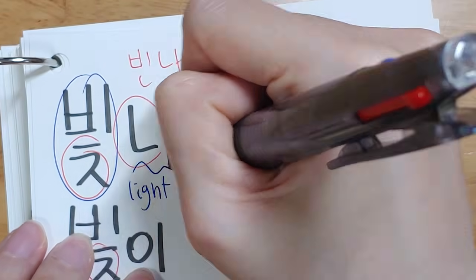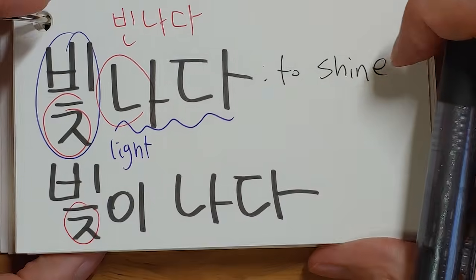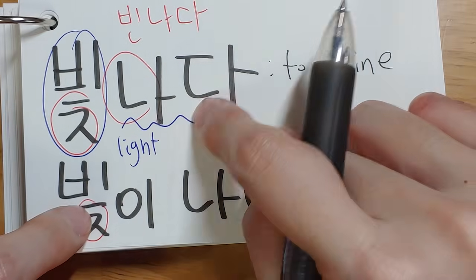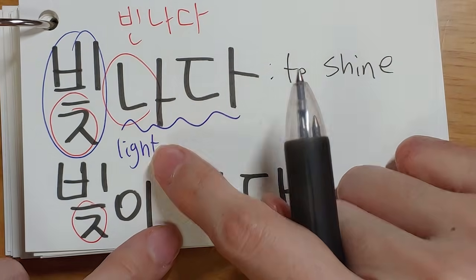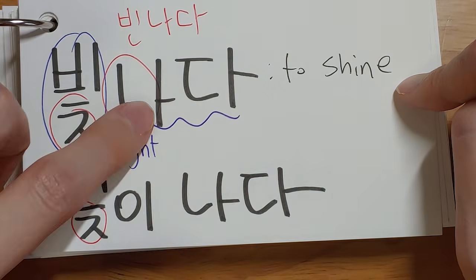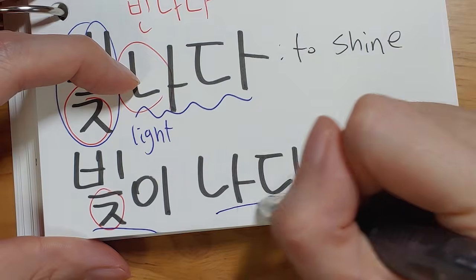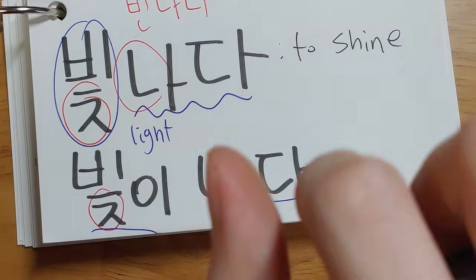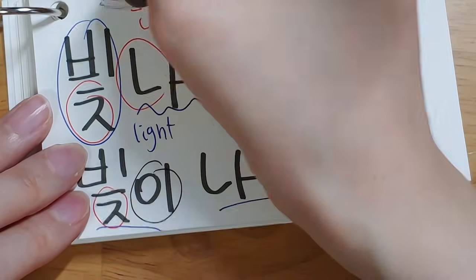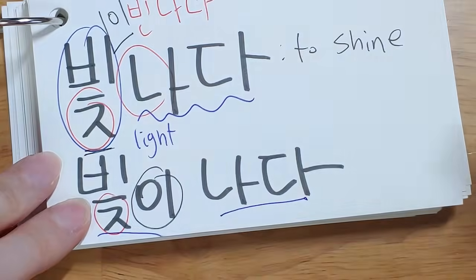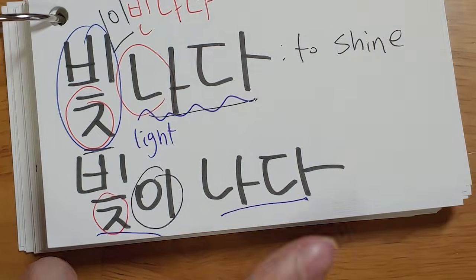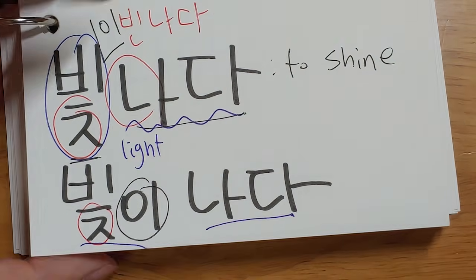And 나다 has many other meanings, but here it means kind of like to exude light. So that's how it means to shine. And you can also say 빛이 나다. So you put the subject marker 이 to mark 빛, and then you put the verb. 빛이 나다, 빛나다, they both mean the same thing.